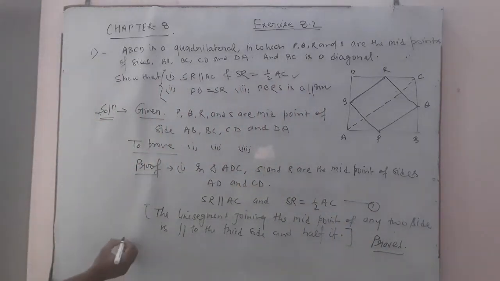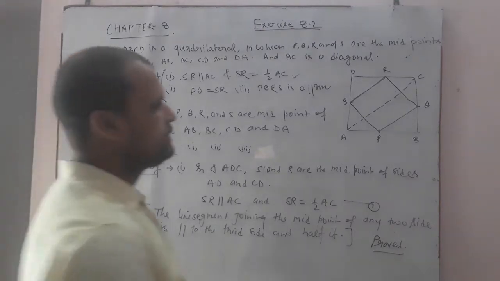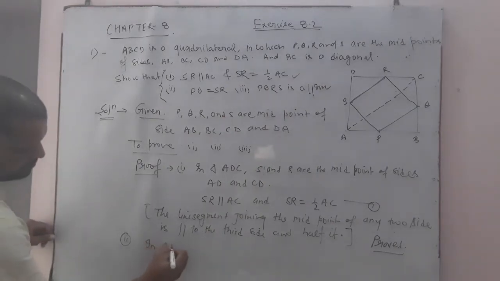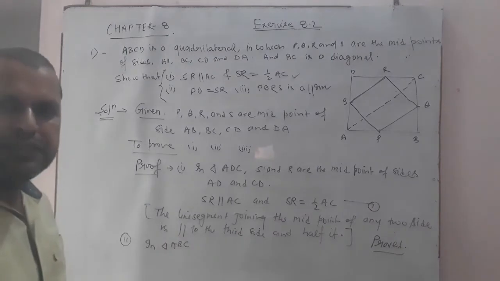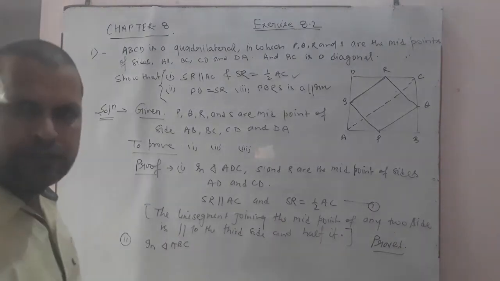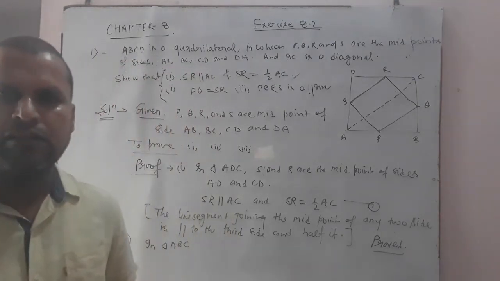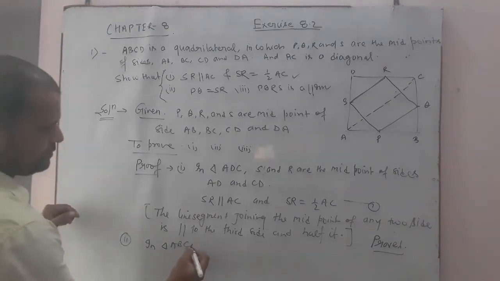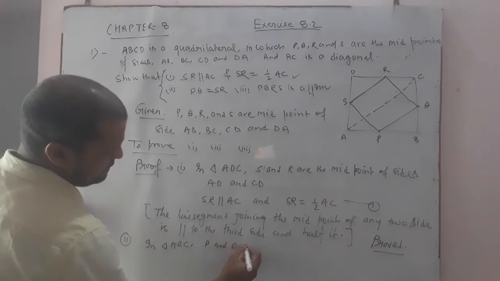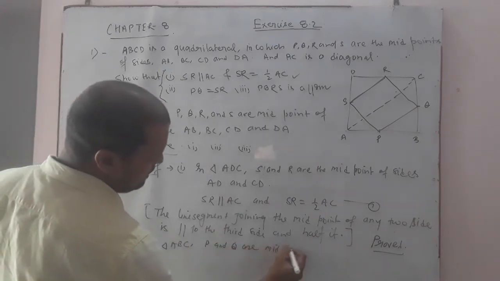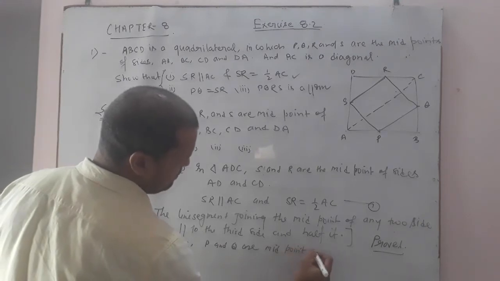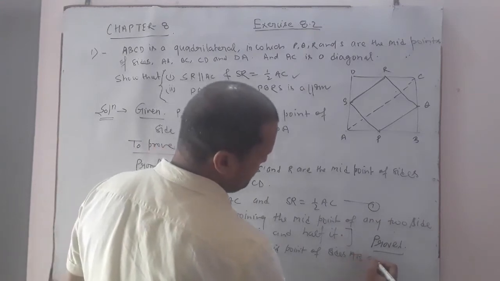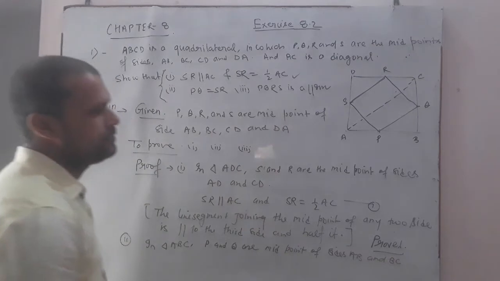For the second, in triangle ABC, P and Q are the midpoints of sides AB and BC.